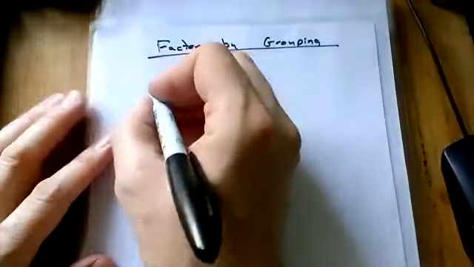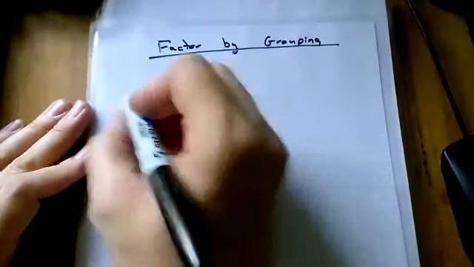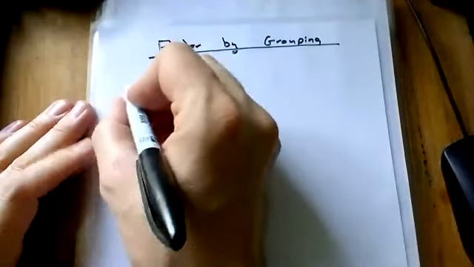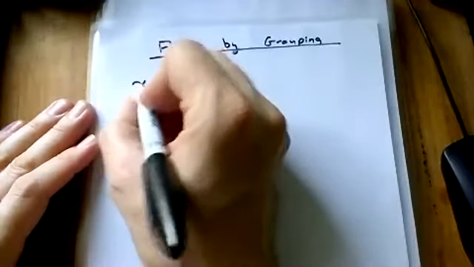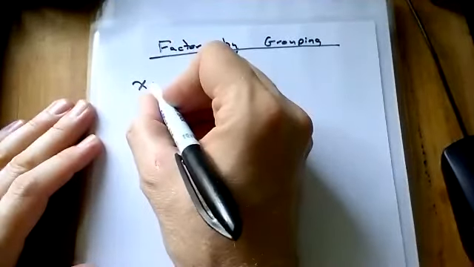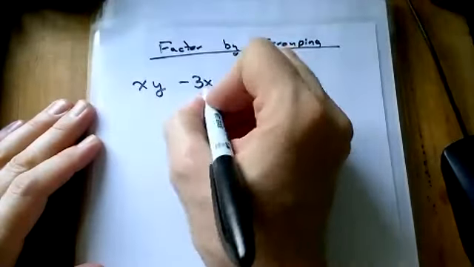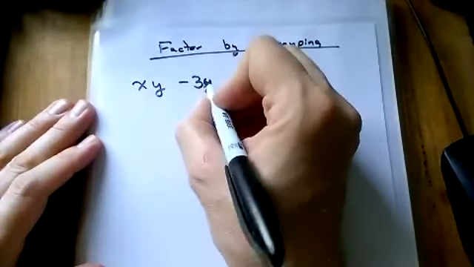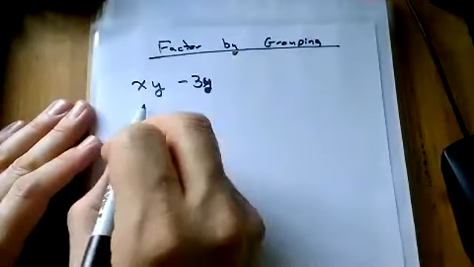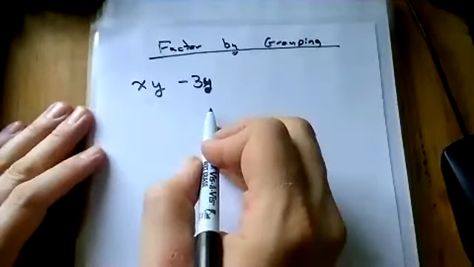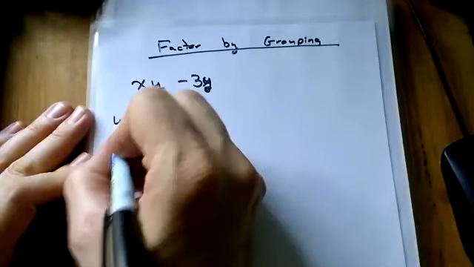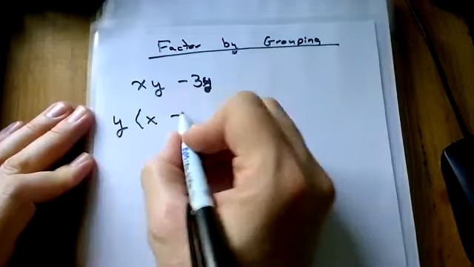And factor by grouping is interesting. We're going to notice when we start this, I'm going to point something out. If I had something like, say, xy minus 3y, if I were to factor out my greatest common factor, I could say, well, let's factor out a y, and then I'll have that x minus 3.